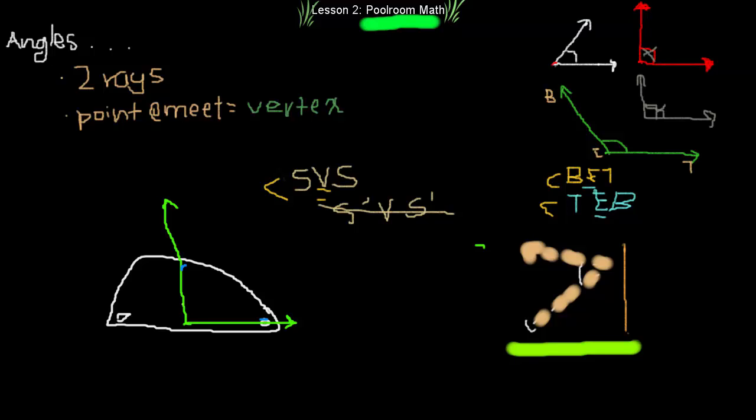A loop and a mark means that the angles are congruent. So if I have another one here to match this one, and we were to say these two angles are congruent, all we have to do is put a little mark in this loop right there. And that's how we know that the angles are congruent.